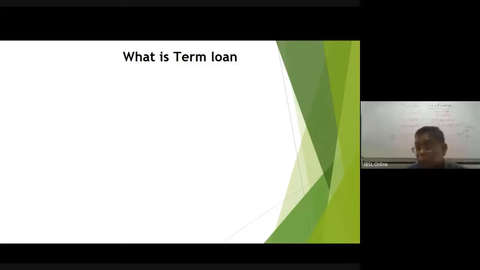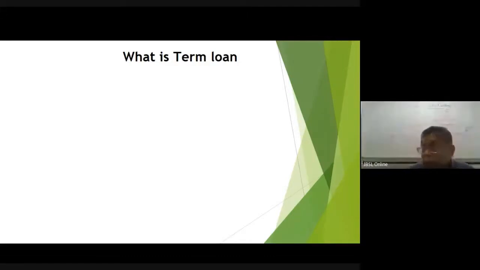Now we are going to discuss the type of products a borrower is going to buy from the bank. Okay, the first loan is what we call a term loan. Just put down small, only 2, 3 points, not max.